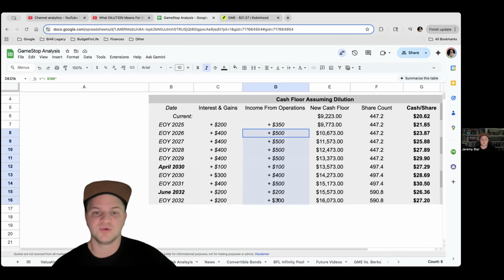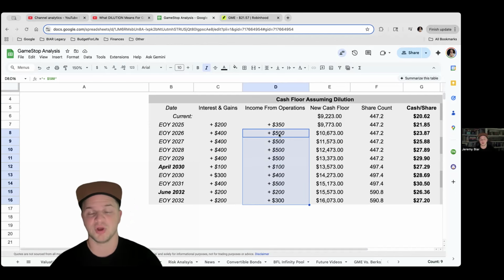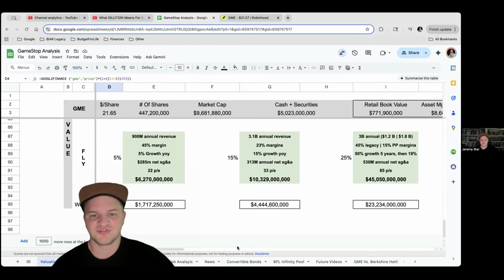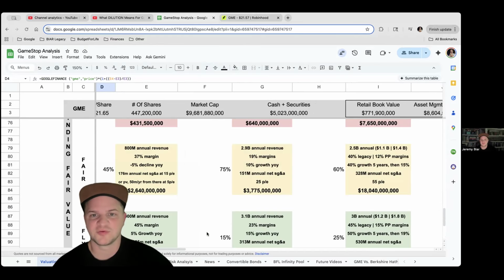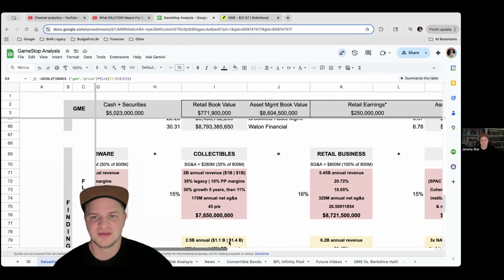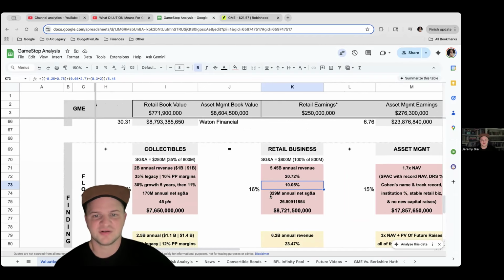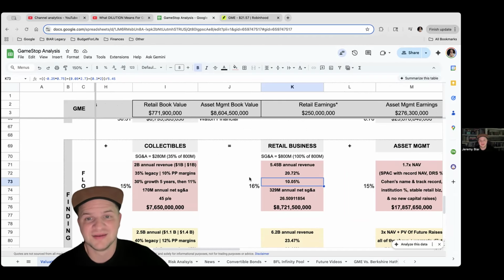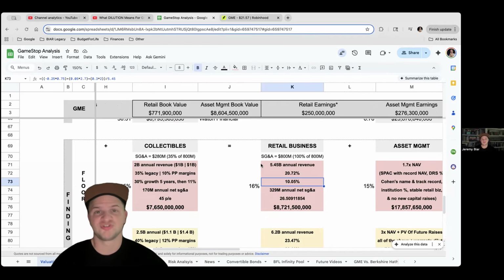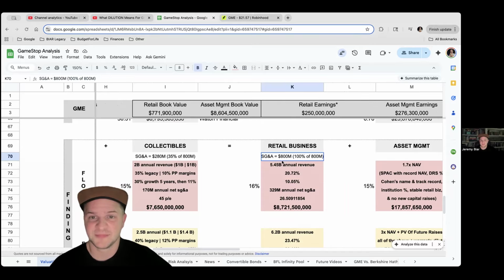In reality, this will in all likelihood continue to grow at least at a 10% rate, right? If you track with my valuation for the retail business, you're looking at a 10.05% growth rate on the top line, which presumably would not coincide with an exact proportional increase in SG&A, right?